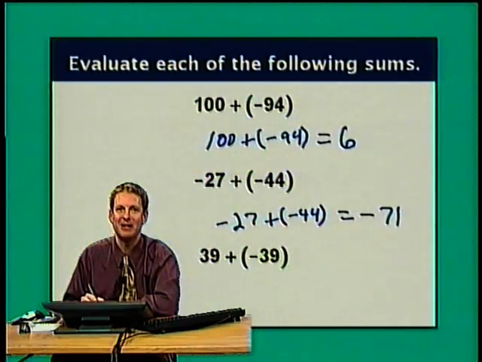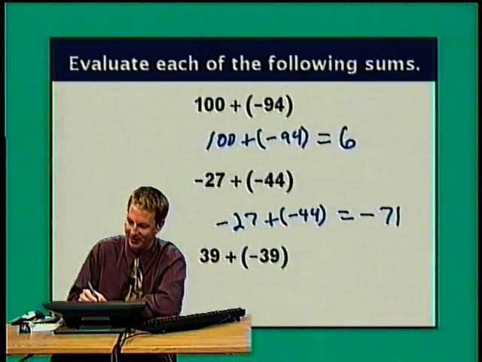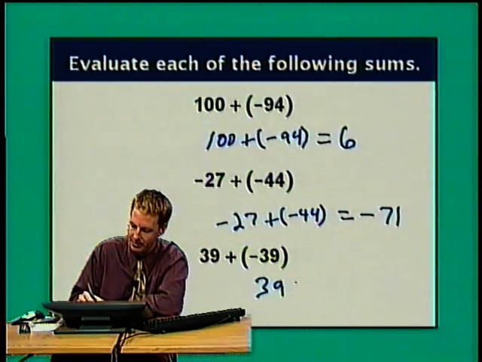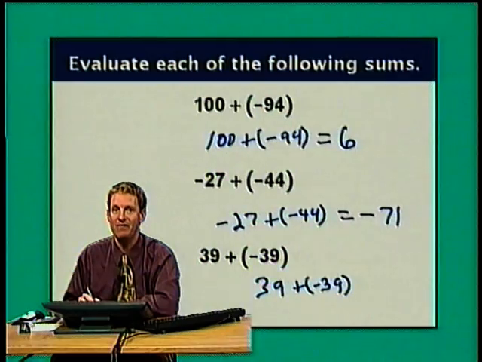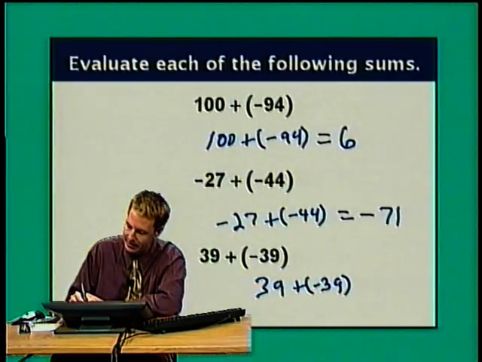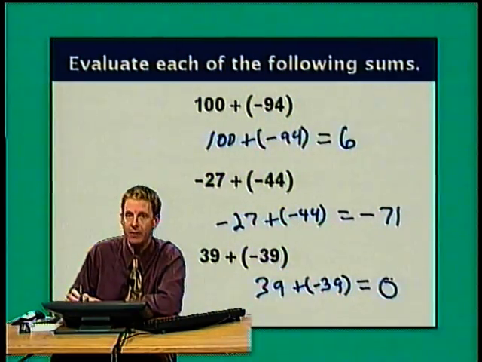Hence, negative 27 plus negative 44 equals negative 71. One last example. 39 plus negative 39. These numbers have opposite signs, but equal absolute value. And in that case, the numbers add to 0.